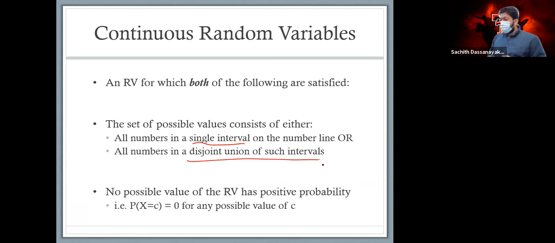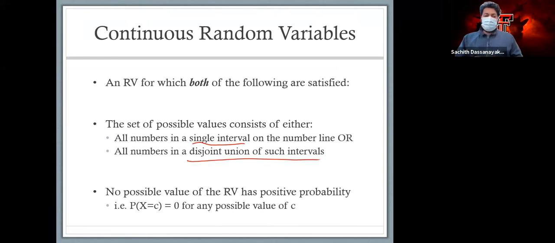Those are disjoint, they do not overlap with each other. They are separate intervals within my entire interval. Anyway, in the continuous random variable case, we should be able to represent all possible values within that particular range, not a point.